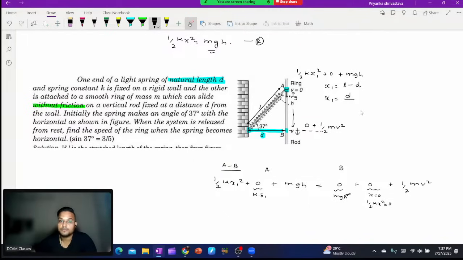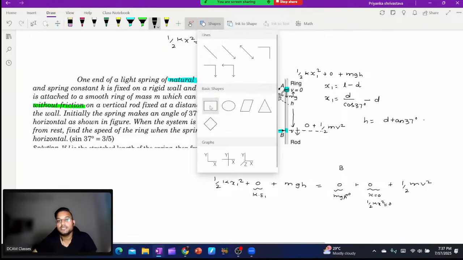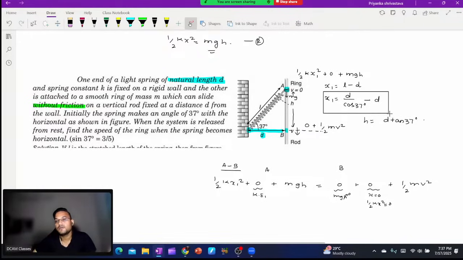D by L. This is L minus d. You will get x1. How will you find h? h is equal to d tan 37. You have to put these values and solve. You will get the answer.